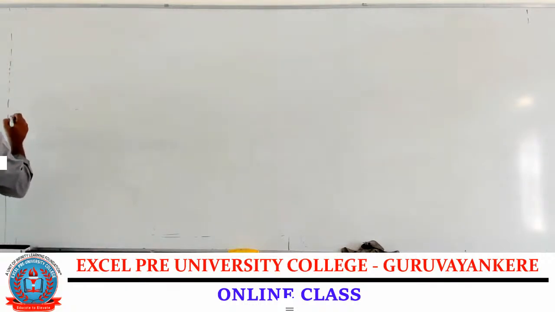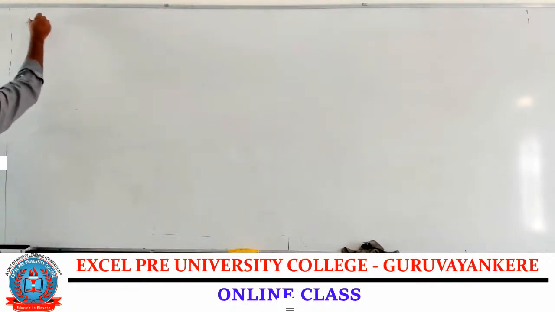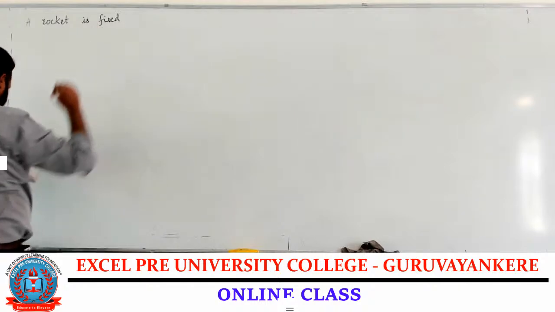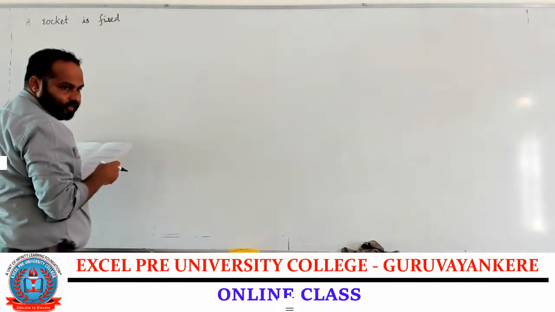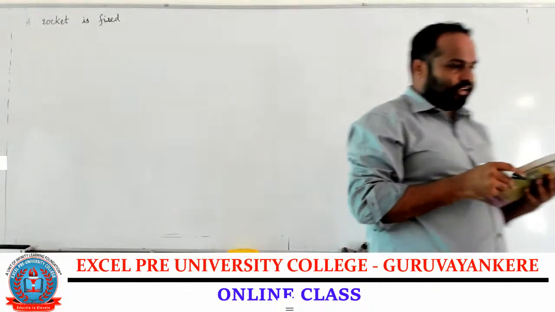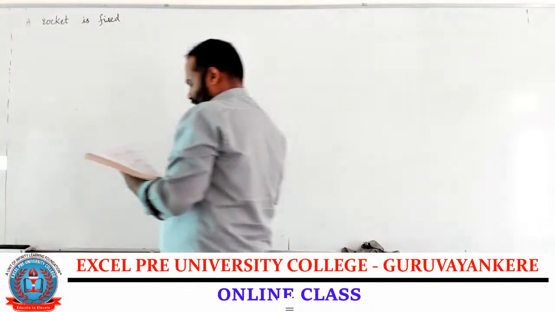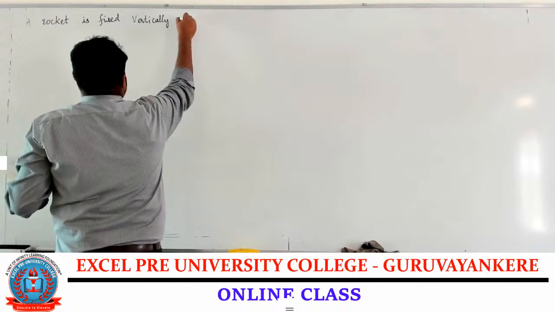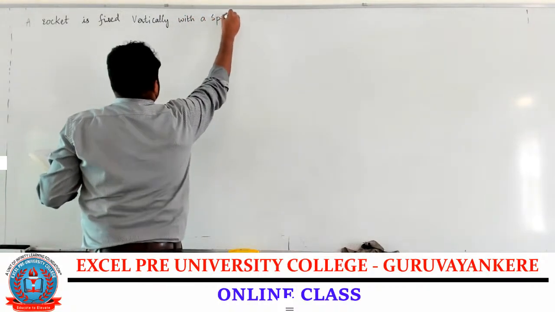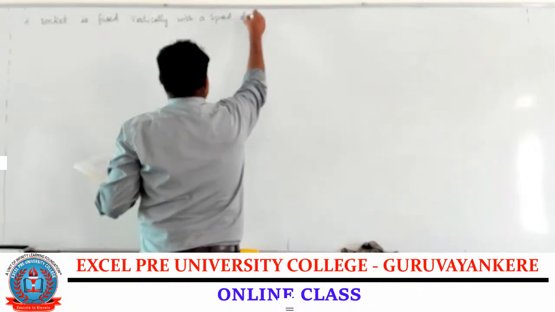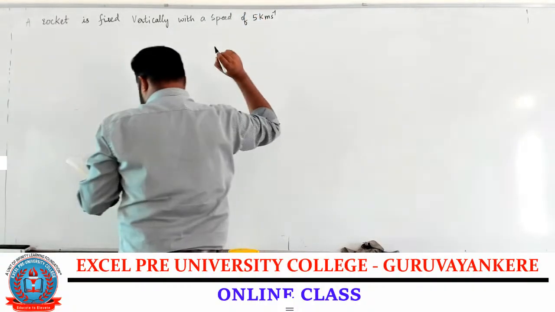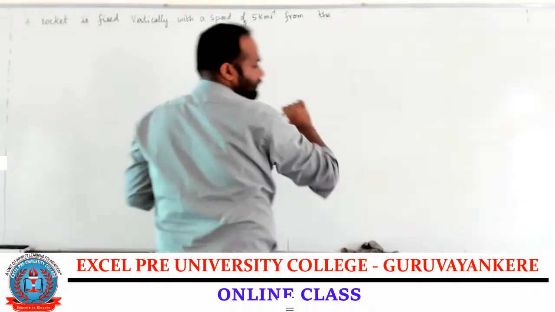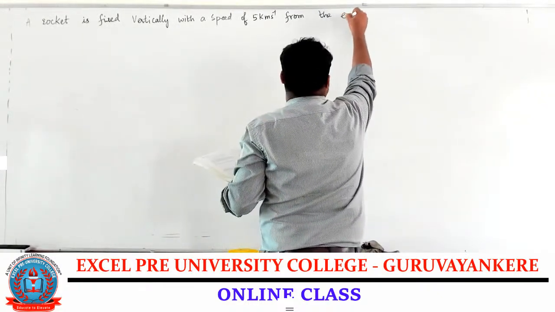Write down the question. A rocket is fired vertically with a speed of 5 kilometers per second from the Earth's surface.